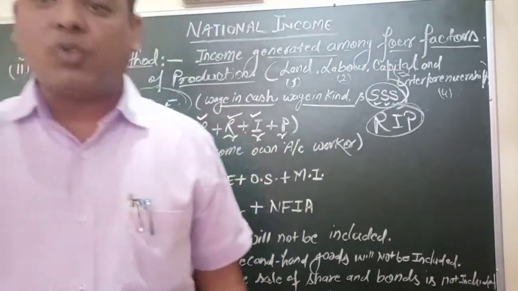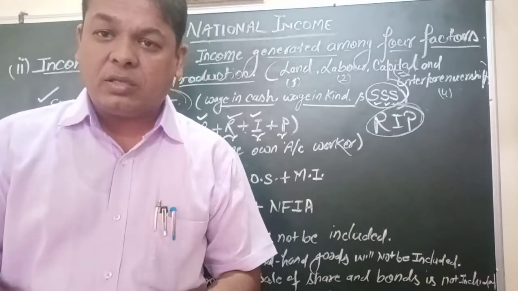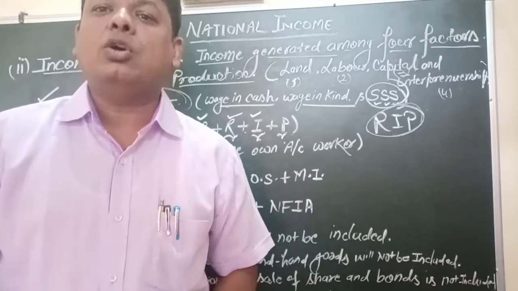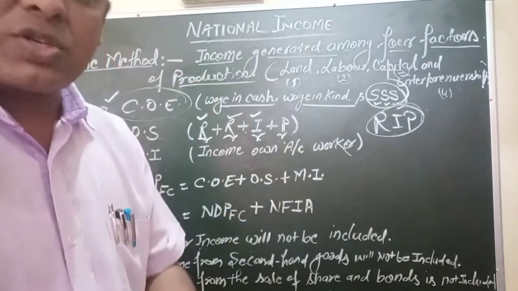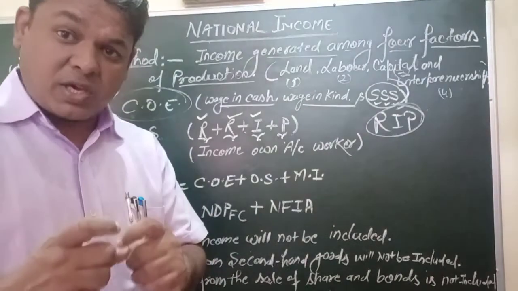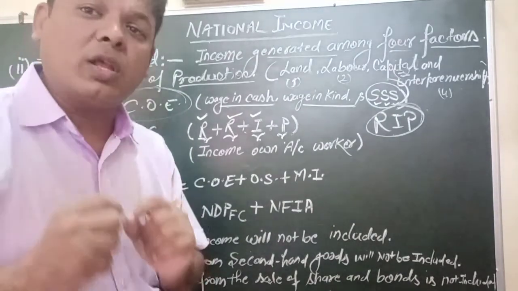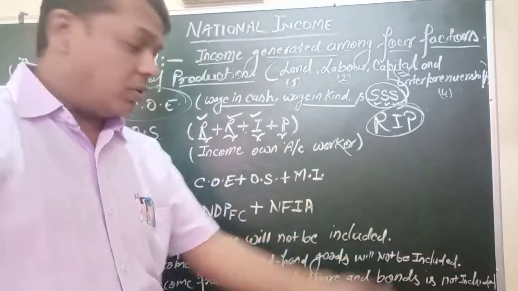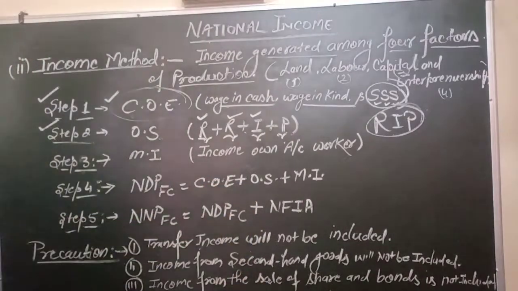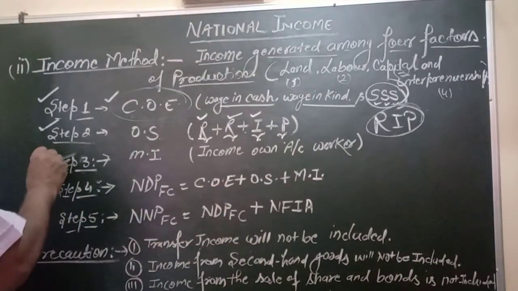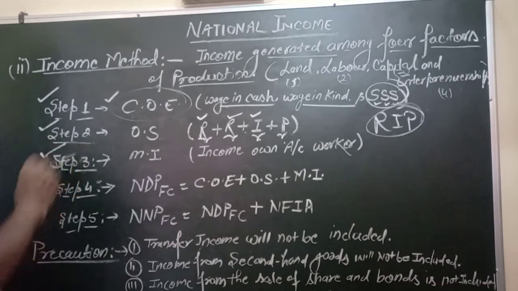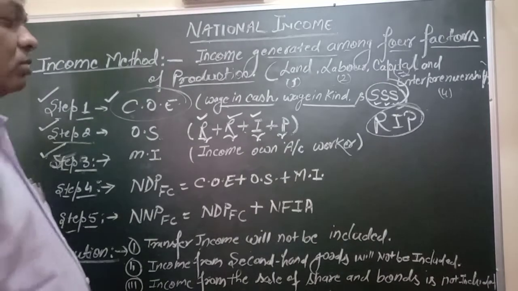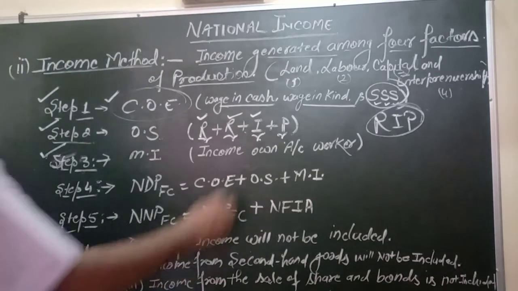Own account worker means, suppose I open a small shop, such as a gutka, tea or pan shop. A business that does not maintain its own balance sheet is known as an own account worker. They earn daily and eat daily. So in step 3 we take MI, the income of own account workers.